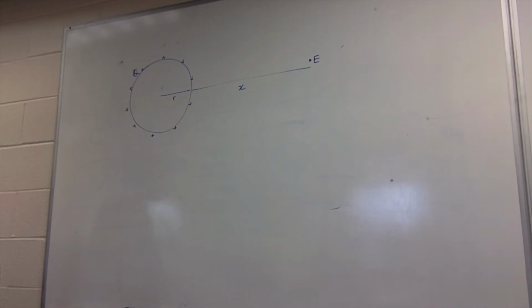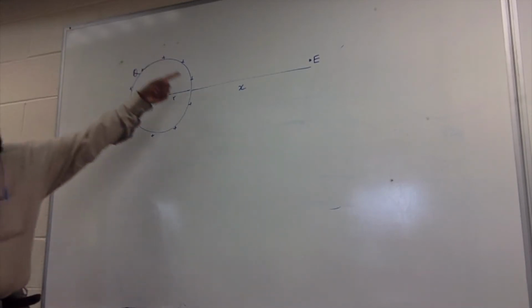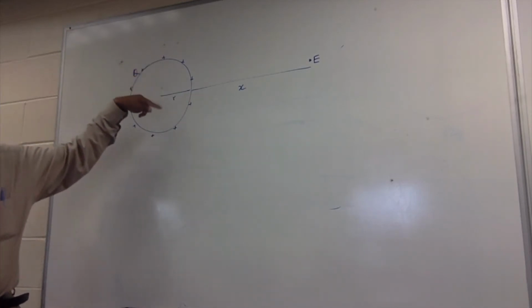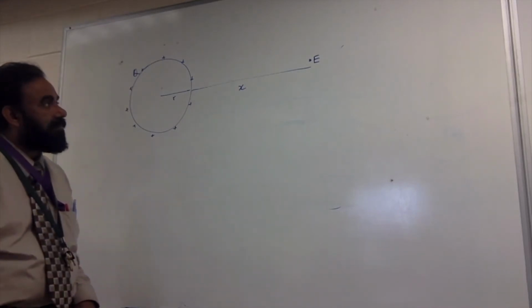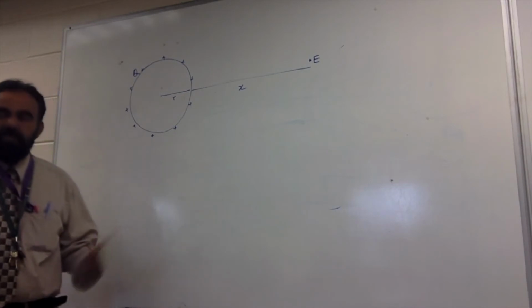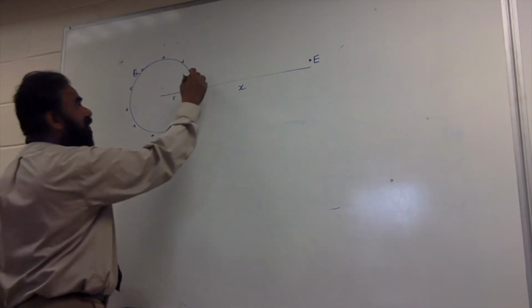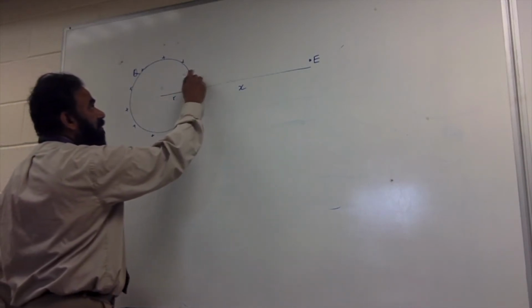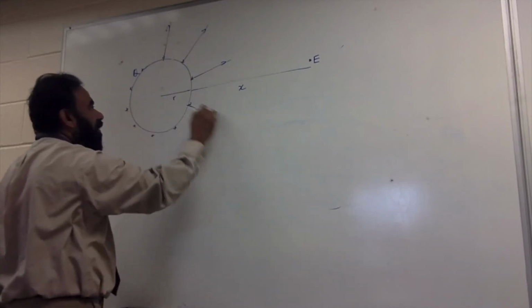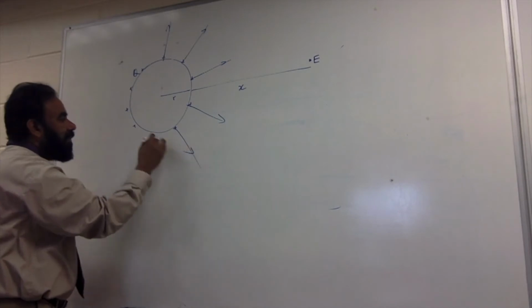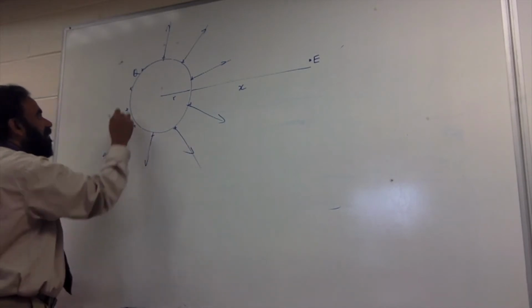So to find the electric field at a spot from a spherical charged sphere, what we need to understand is this. How are the electric lines going to be from here? All the electric lines are going to be going out like this.